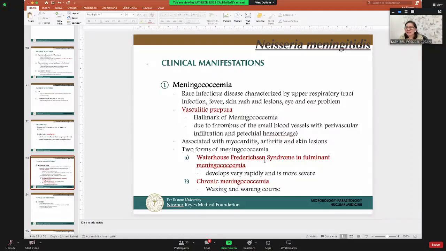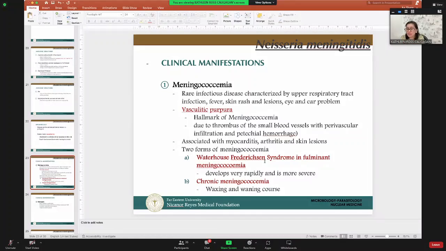A rare complication is meningococcemia. This is what we're trying to avoid, especially in children. Meningococcemia, it's a rare infectious disease characterized by upper respiratory tract infection, fever, skin rash, and lesions, eye and ear problem. The clinical hallmark of meningococcemia is vasculitic purpura.